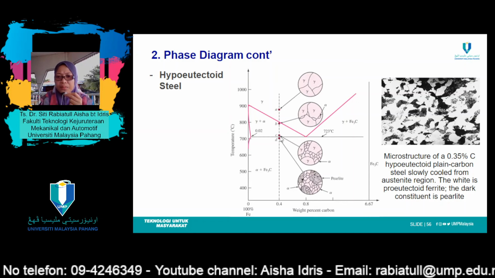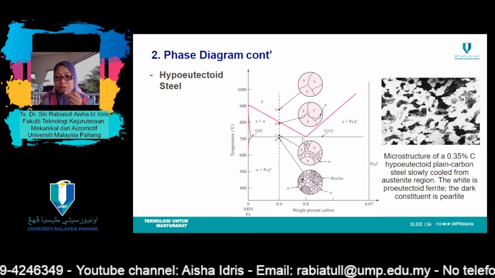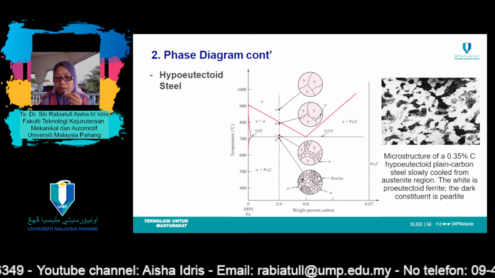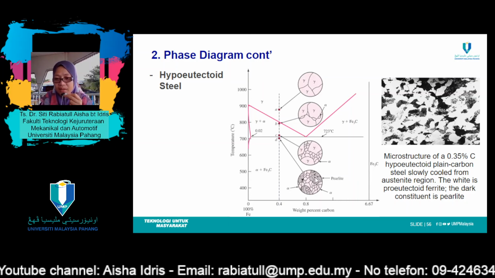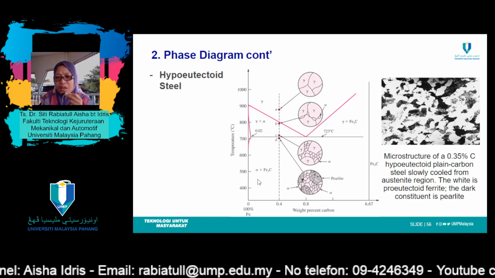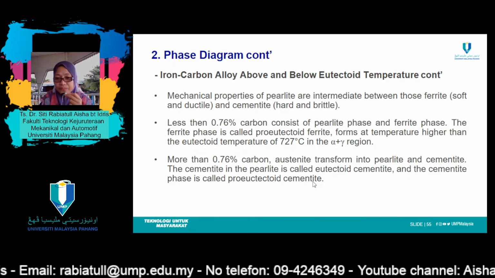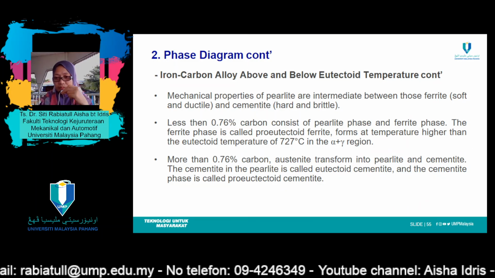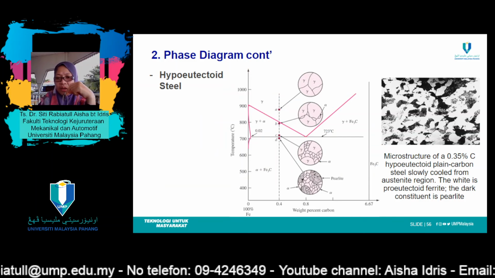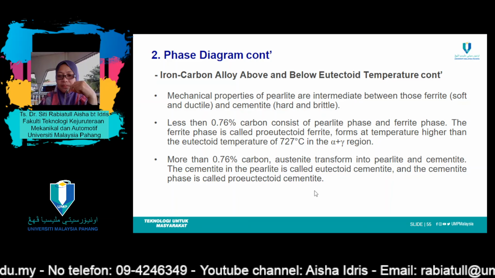After that, it starts to grow bigger, and passing through the eutectoid point, you'll have pearlite, which consists of alpha plus cementite. It's called pearlite.